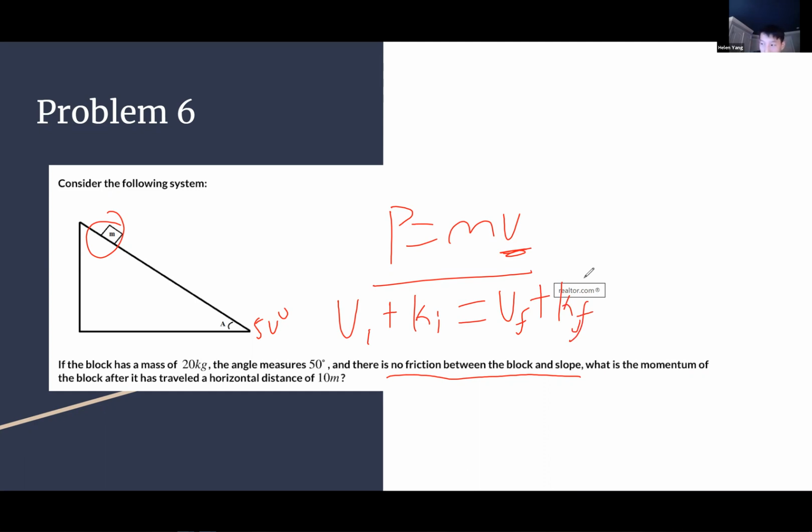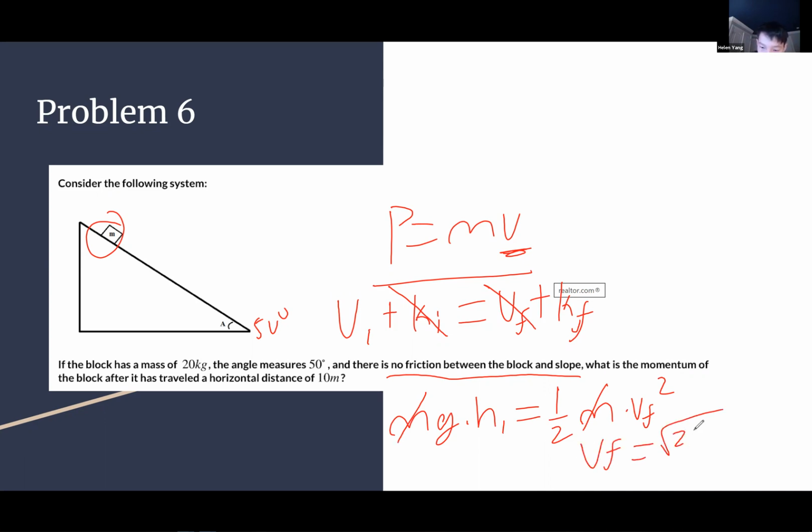Again, the initial kinetic energy is zero and the final potential energy would be zero since there's no velocity at the top and there's no height at the bottom. So it'd be mass times gravitational acceleration times the initial height equals 1/2 m times v final squared. And again, cancel out the mass. So in this situation, you can write that like we found on the last question.